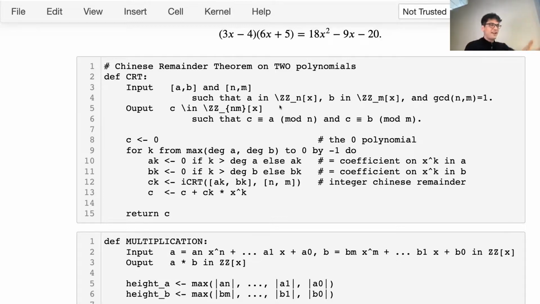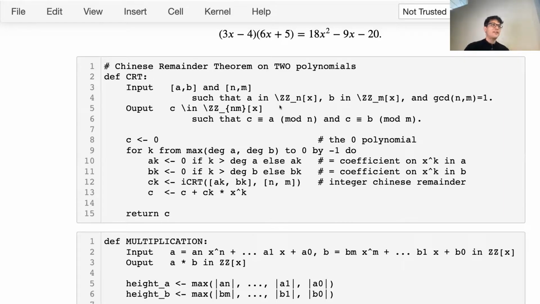One of them is mod n, and one is mod m. This is the Chinese remainder theorem for polynomials, which will combine those 2 polynomials and give you its image C, such that C is congruent to A mod n and C is congruent to B mod m. So it's an analog of the integer one, but with polynomials.